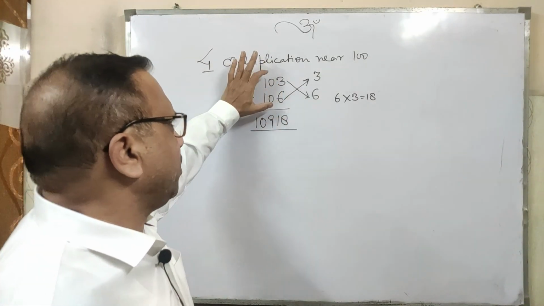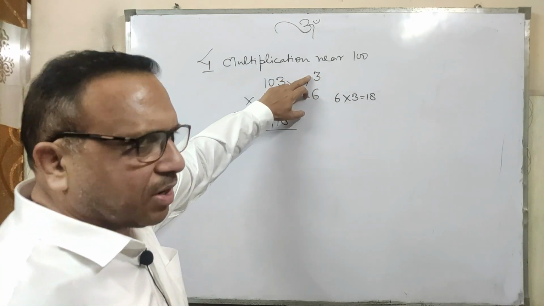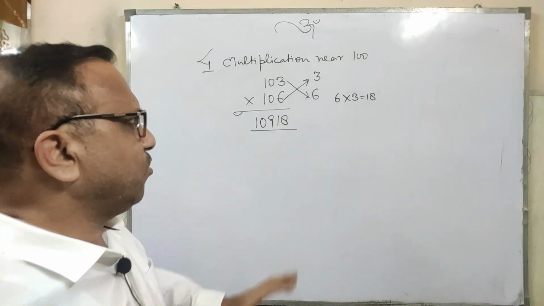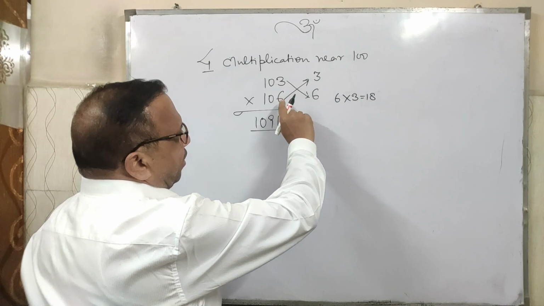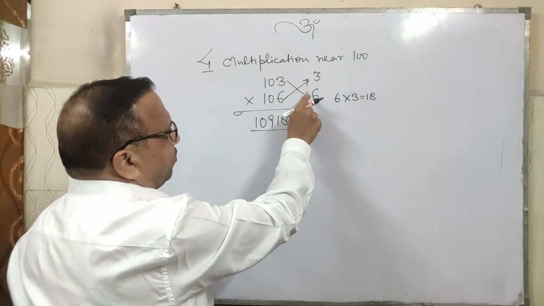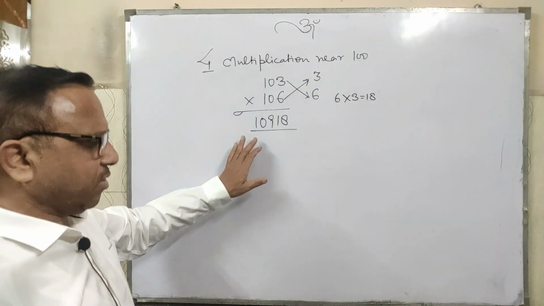Very easy, I just repeat. You write the difference with 100, 3 and 6. Multiply these two differences. 6 3 is 18. Is it okay? Now you just add 106 with 3, 109. कोई सा भी एक add कर दीजिए. And then you write it here.